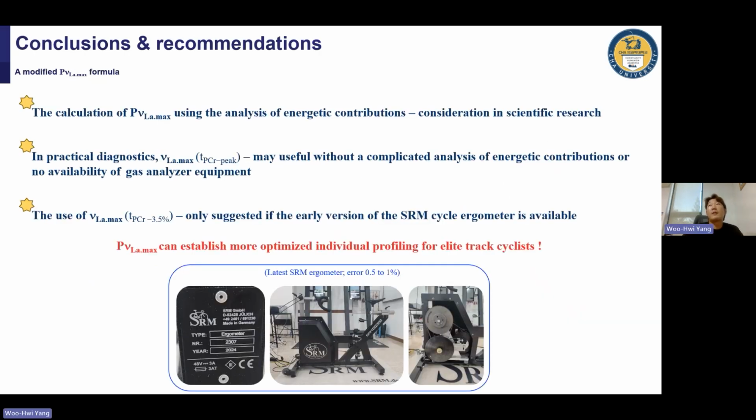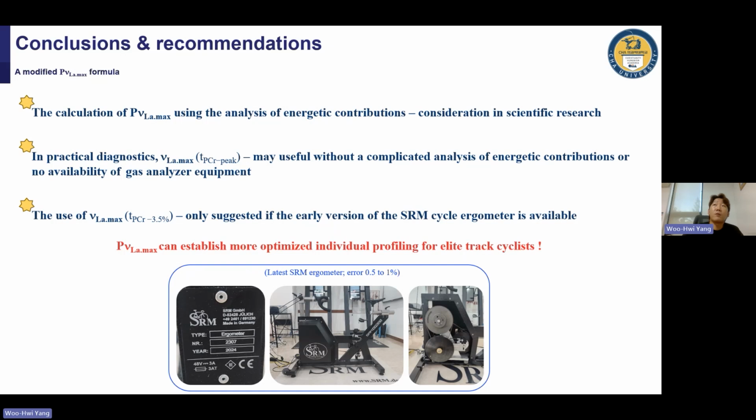For conclusions and recommendations, the calculation of PvLa.max using the analysis of energetic contributions should be considered in scientific research to precisely analyze the maximum rate of lactate accumulation and anaerobic capacity or power.